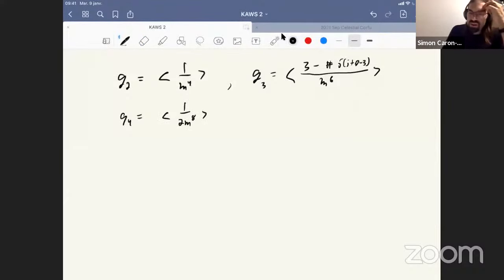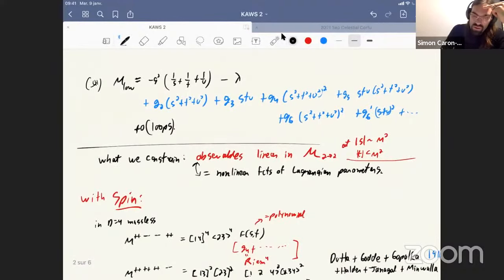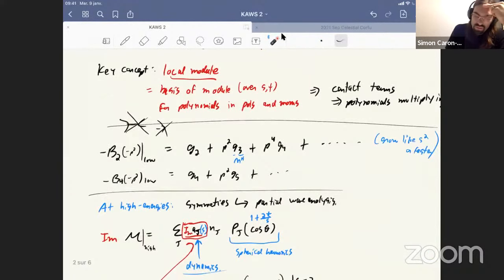And actually, there's something interesting that happens when you start listing these sum rules. Let me scroll back here. I have the expansion of the amplitude. You can write different sum rules for G4. You can write this sum rule on the left here, which extracts the coefficient of S^4 in the amplitude in some fixed T dispersion relation, whereas this thing here extracts the coefficient of S^2 T^2.